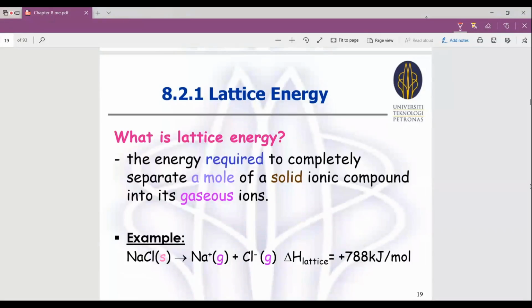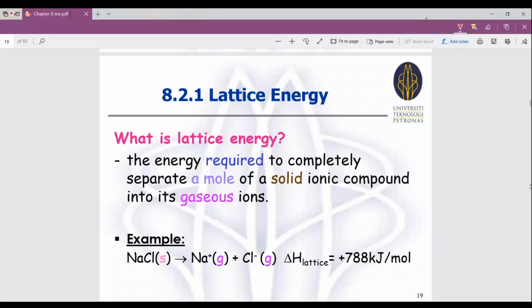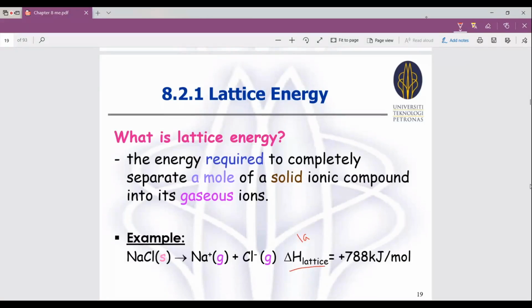Example here, solid NaCl dissociates or separates into its ions. So this is delta H lattice, or lattice energy, equal to 788 kilojoules. The value is given.